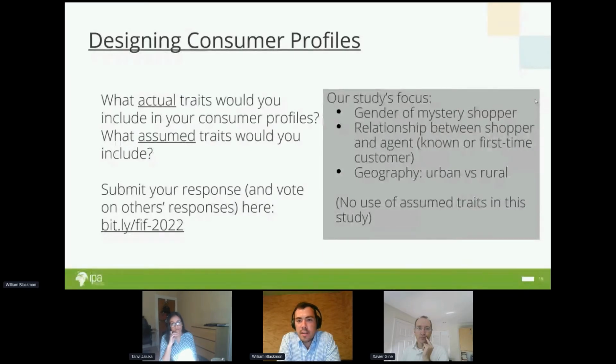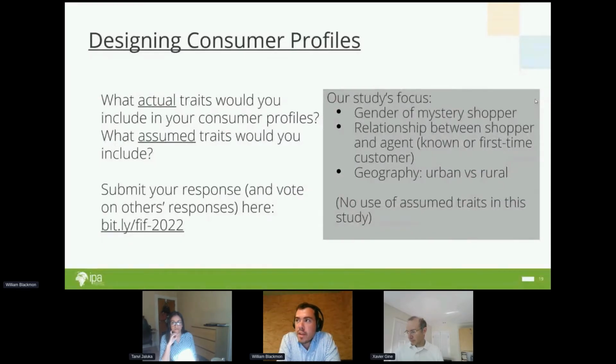So these are things like gender or age, that are visible traits, that are difficult to modify, versus assumed traits. These are essentially asking your mystery shoppers to act in a certain way. So these can be things like their level of financial sophistication.